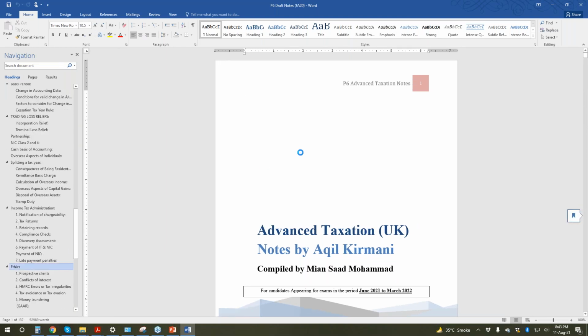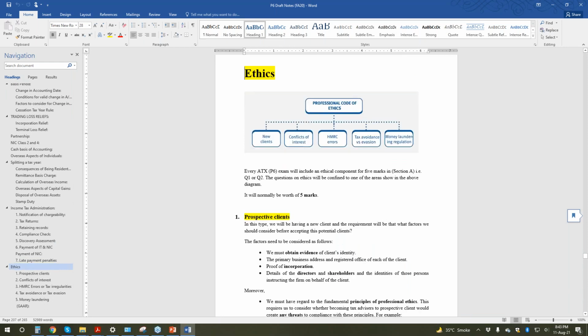Here I have made a chart, which is also available in the Kaplan study text, that tells you the possible topics on which the ATX examiner can set questions. And the good thing about ethics is that the parts are of a repetitive nature.